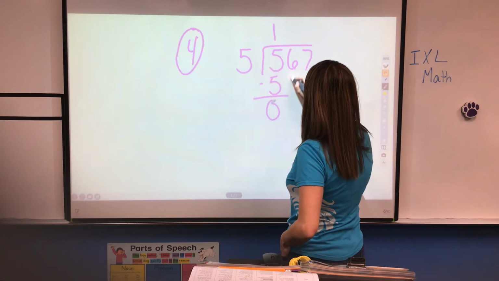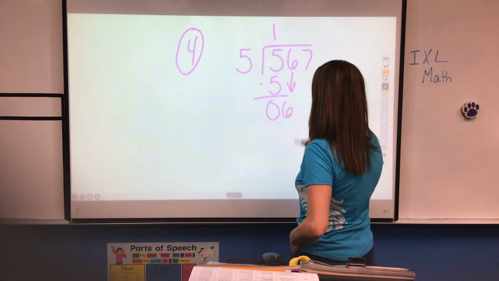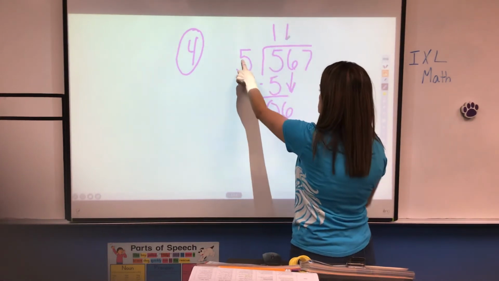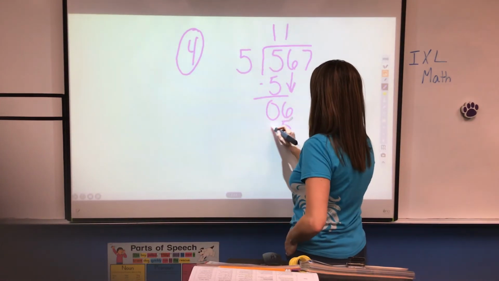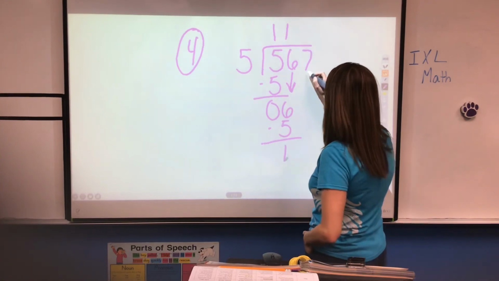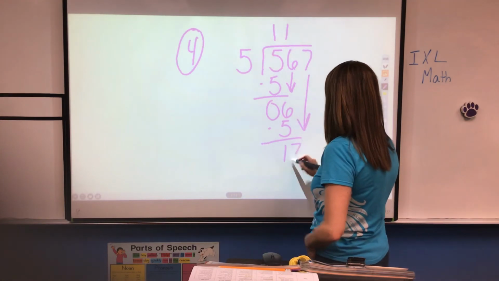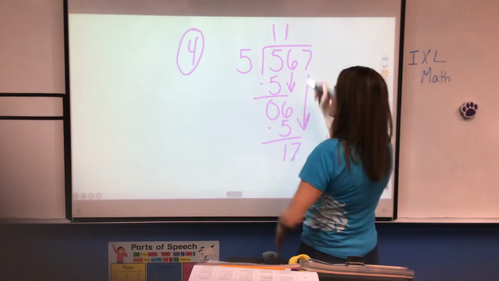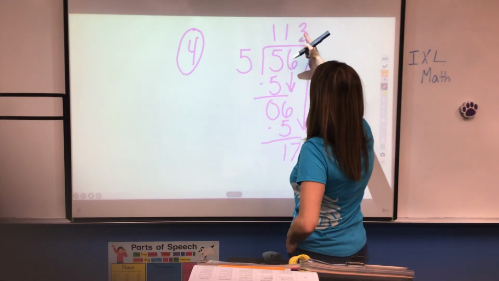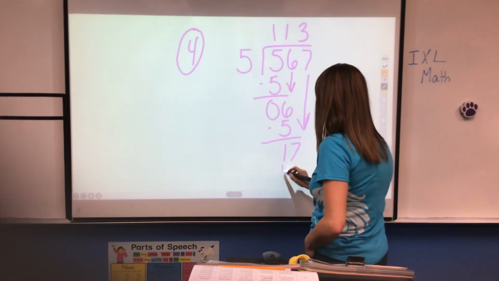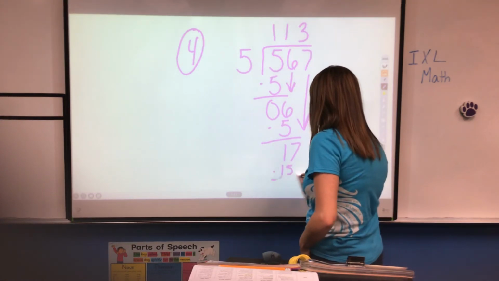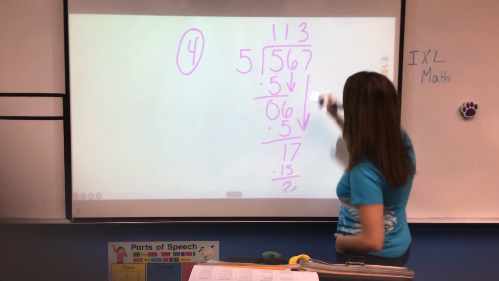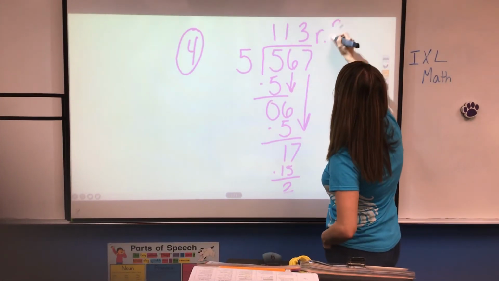You get 0. You bring down your next digit, which is your 6. 5 goes into 6 one time again. 1 times 5 is 5. Subtract that. Bring down your 7. 5 cannot equally go into 17, but the closest we can get is 3. 3 times 5 is 15. So you will have a remainder of 2 on this problem. Go ahead and put remainder 2.